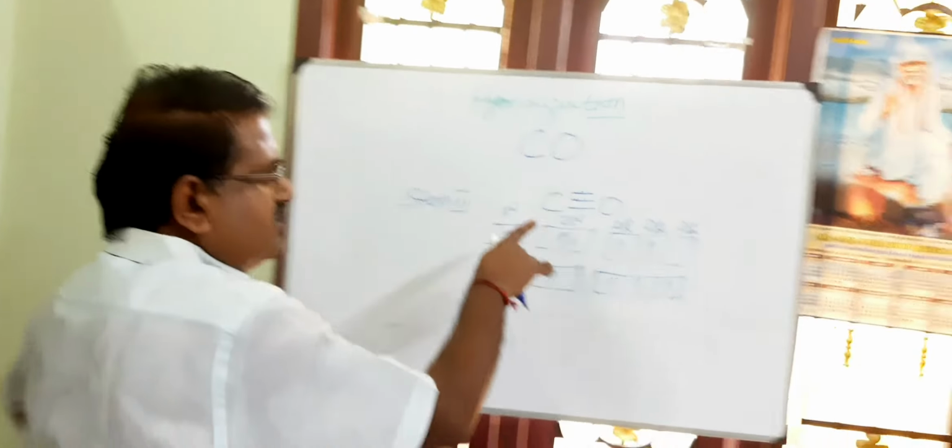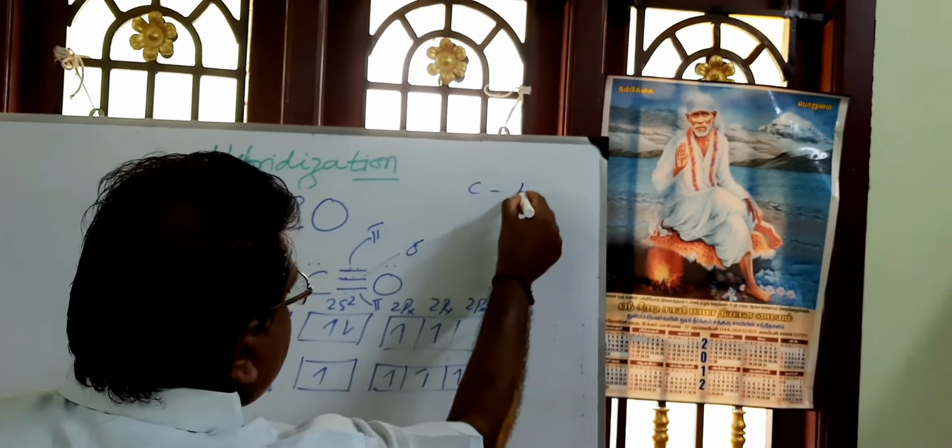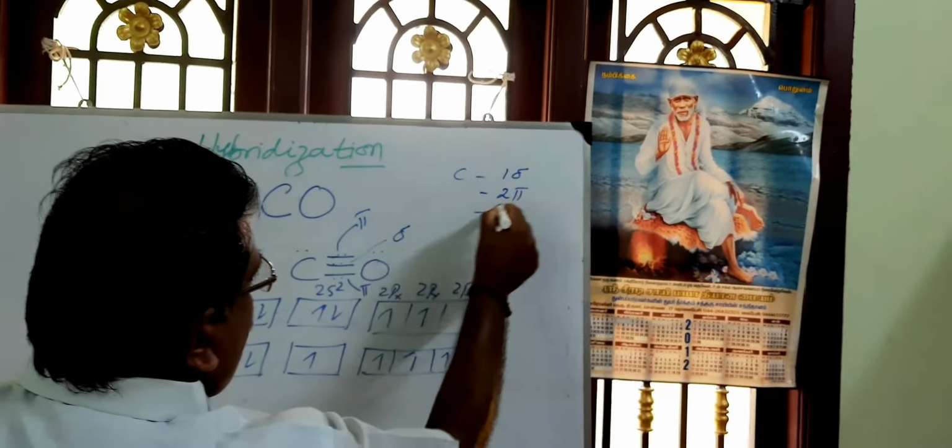Now what is the structure here? Carbon has 3 bonds and 1 lone pair. This is the sigma bond, this is the pi bond, and this is the pi bond. So carbon has 1 sigma bond, 2 pi bonds and 1 lone pair. What about oxygen?